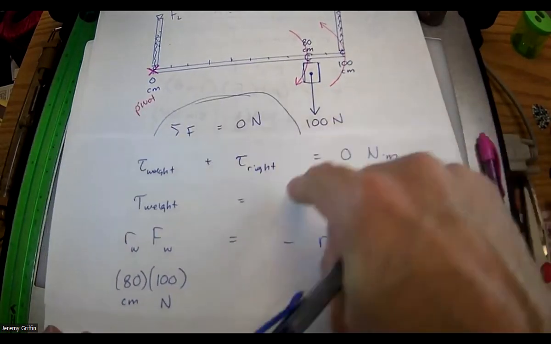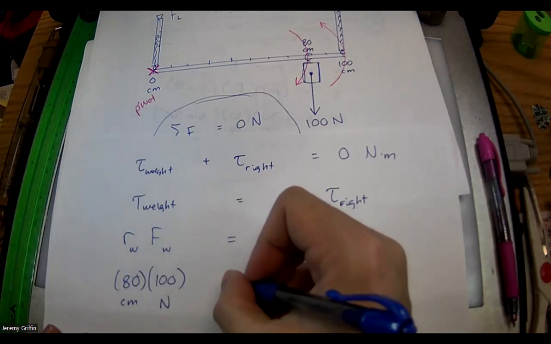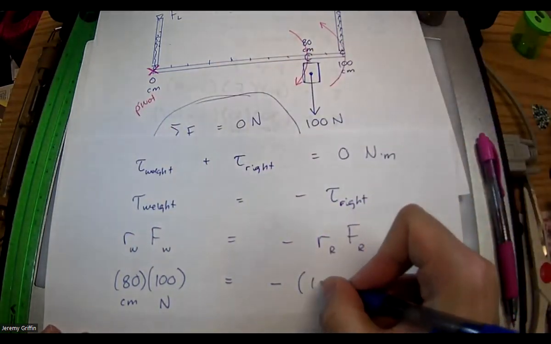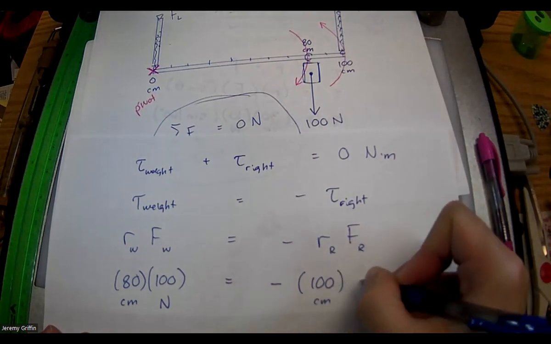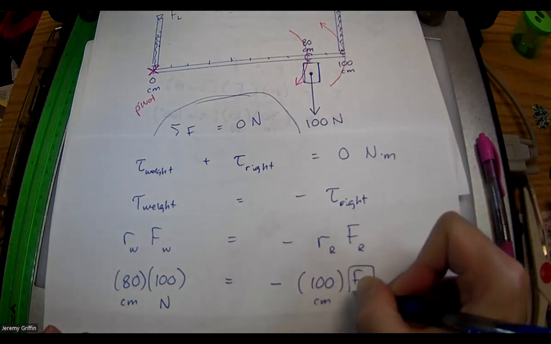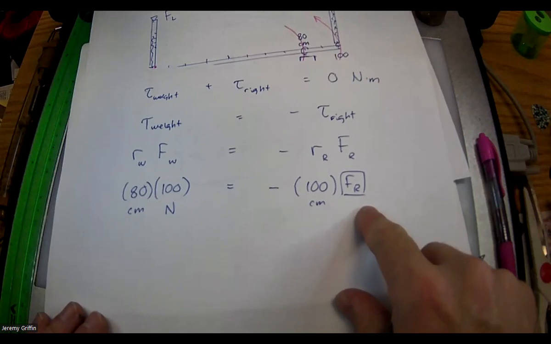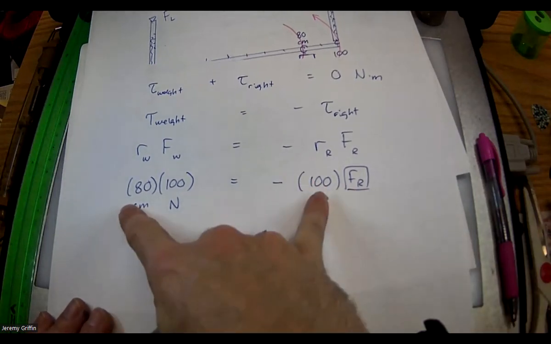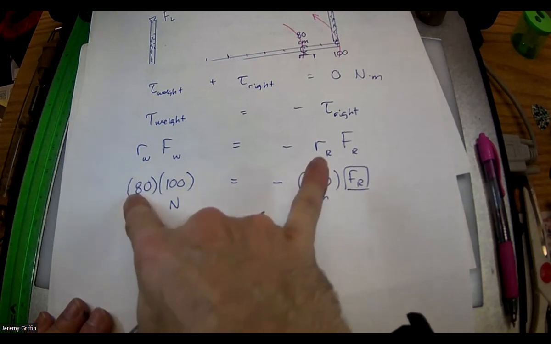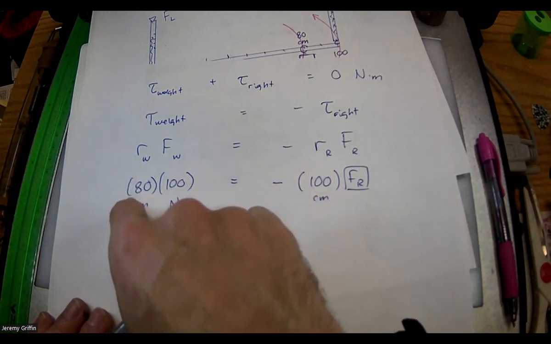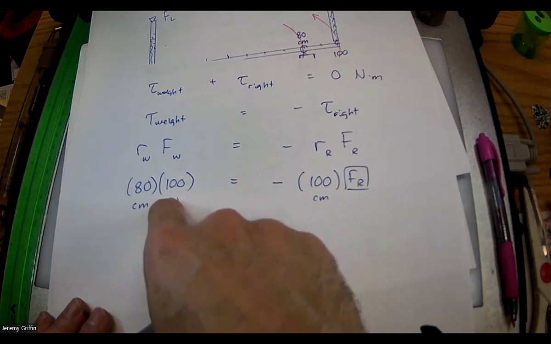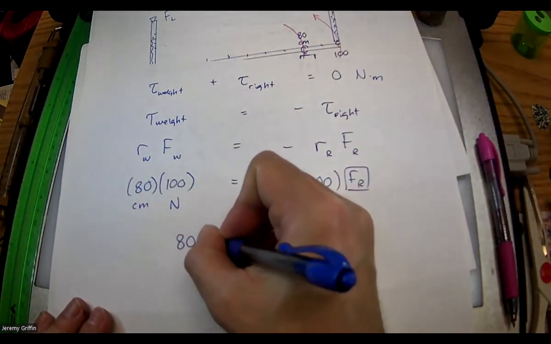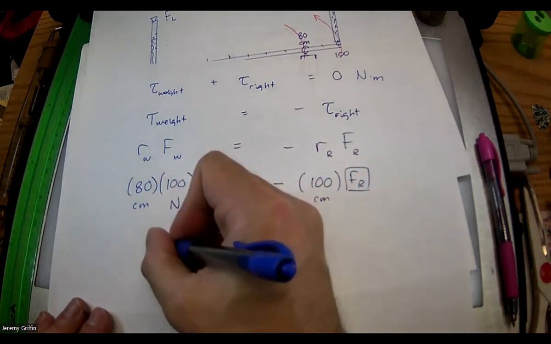Now on the other side, the full distance is 100 centimeters, and we're solving for the force on the right side. So divide 100 centimeters down. Here's where that proportion pops out of the page: 80 divided by 100 is 8/10, 80% times 100 newtons gives you 80 newtons of force, and also there's a negative.